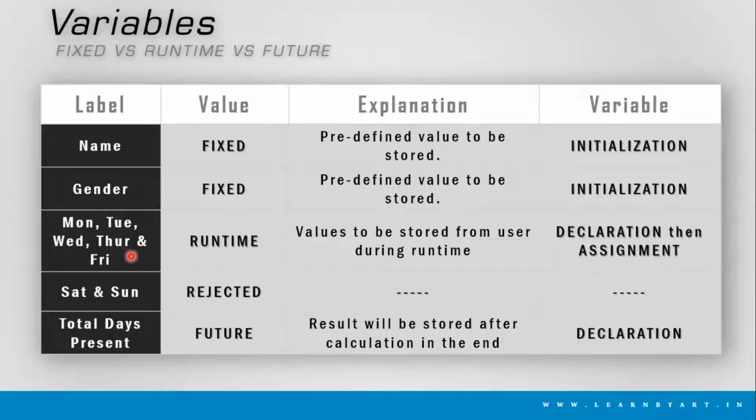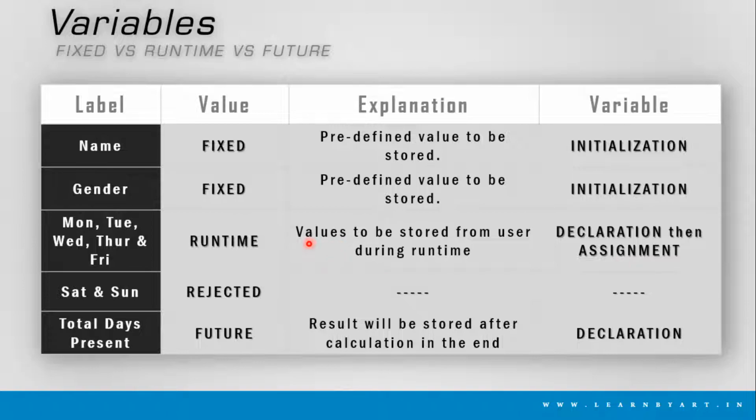Now next that you see over here are the number of days that we're going to calculate his attendance from Monday to Friday. Now the reason it is called runtime is because we cannot predict whether the student is going to be present or absent in the future. So every day when the student goes to school or the college, we need to calculate on an everyday basis. So that is the reason we call it runtime, and for the runtime we use declaration and assignment.